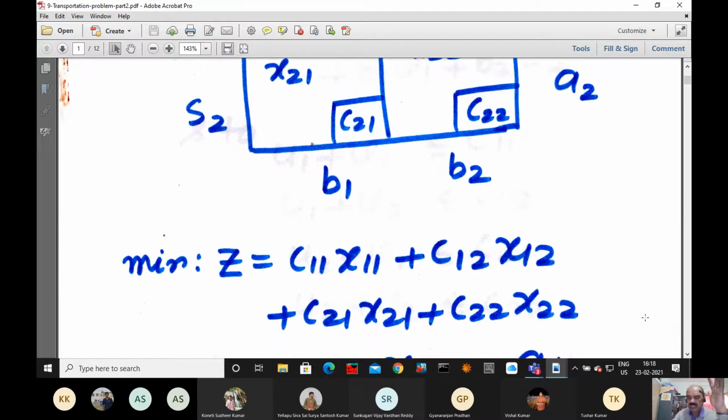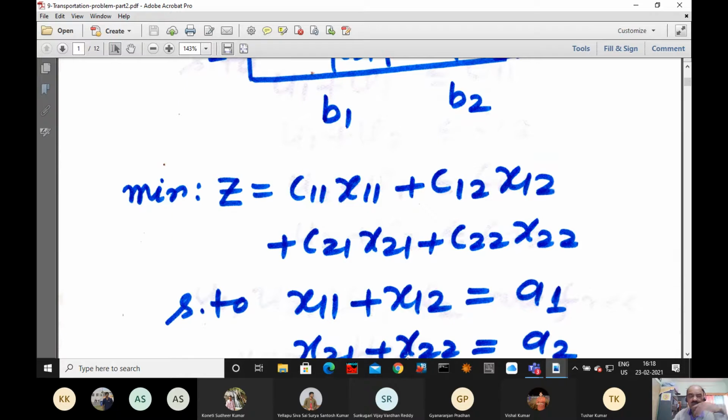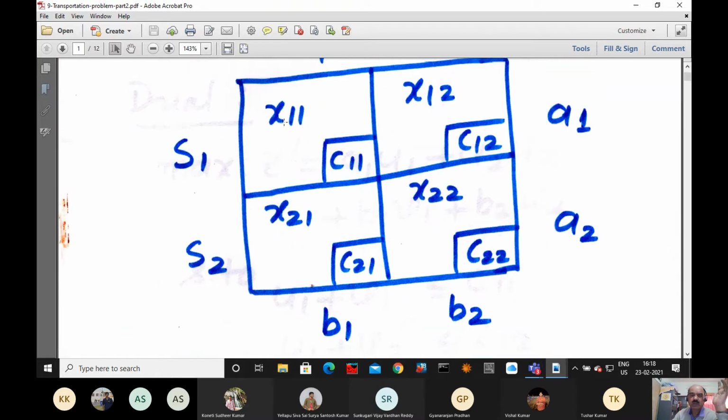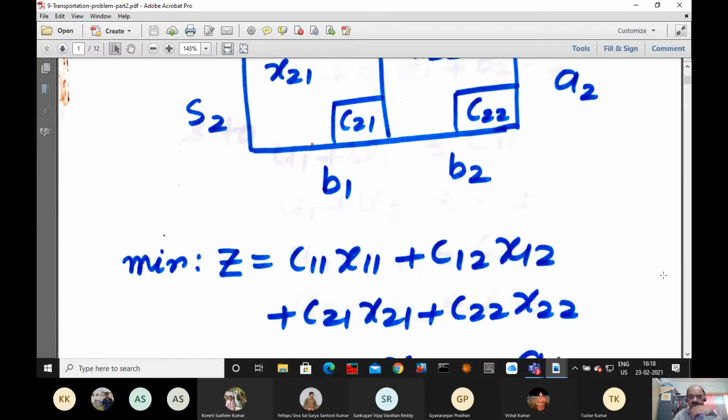And what are the conditions here? X11 plus X12 equal to A1. X21 plus X22 equal to A2. Similarly, X11 plus X21 equal to B1. X12 plus X22 equal to B2.